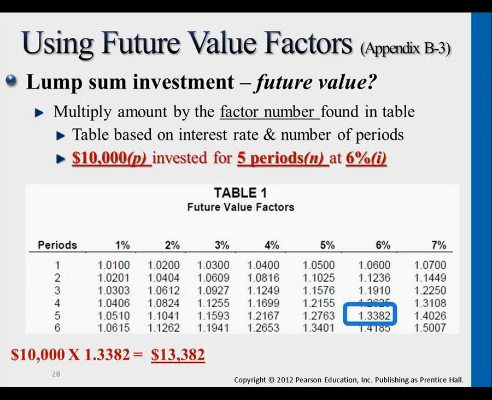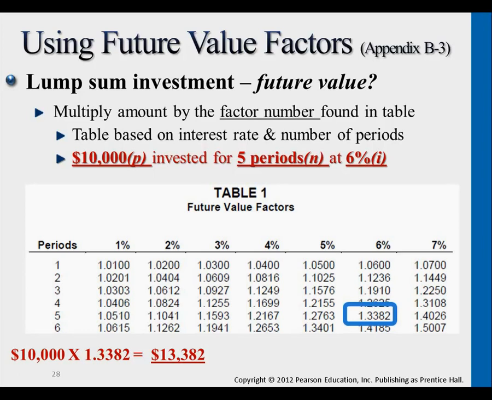You might have used that last semester. No, you haven't? All right. But the logic, something you've probably used. You take the initial investment and multiply it by the number that you find from the periods and the percent.